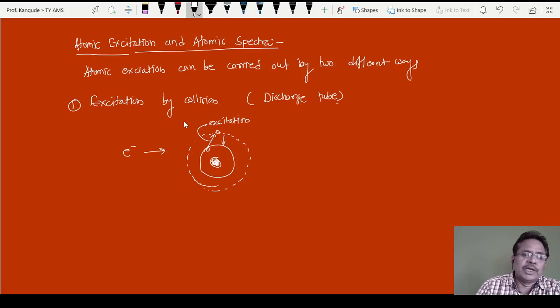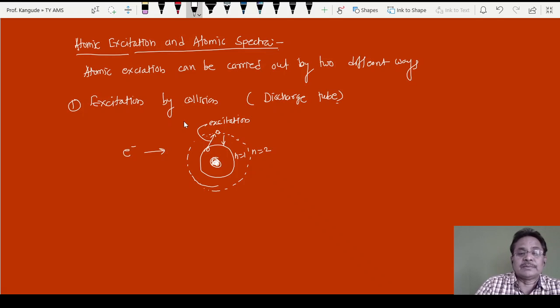If it has more energy, then the electron can go to the second orbit, third orbit, fourth orbit, and so on. And when this excited electron comes back to the ground state, n equal to 1 from n equal to 2, this simple picture shows you excitation and de-excitation.